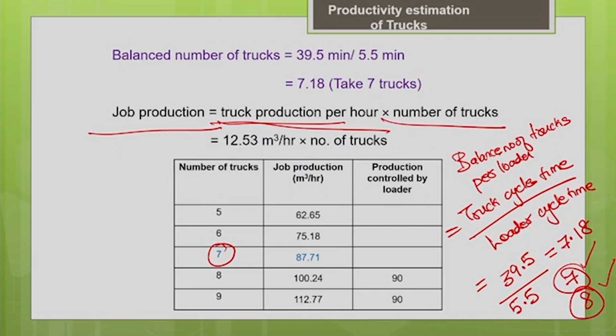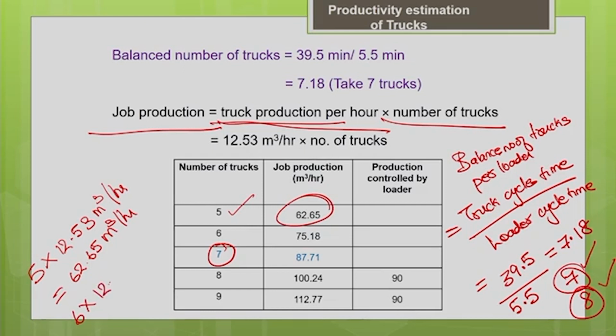When the number of trucks is lesser than the balance number, say 5 trucks, 5 into the individual truck productivity of 12.53 meter cube per hour gives me 62.65 meter cube per hour. Similarly, 6 into 12.53 gives me 75.18.